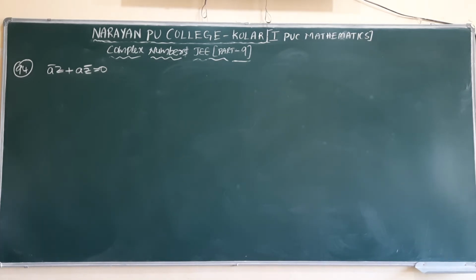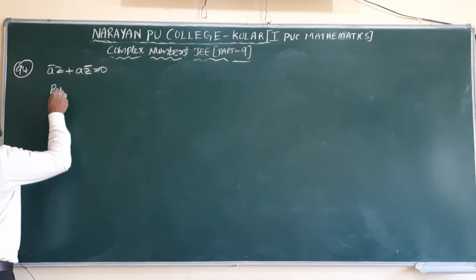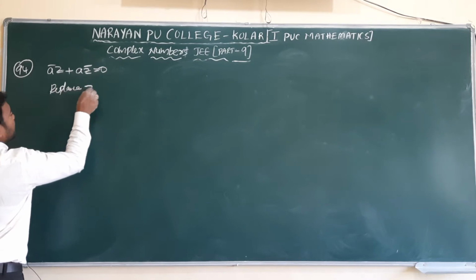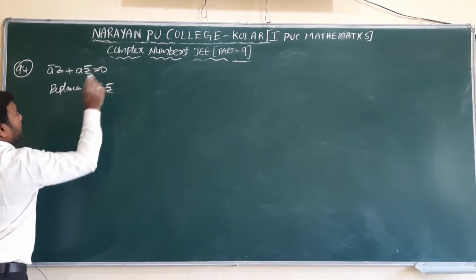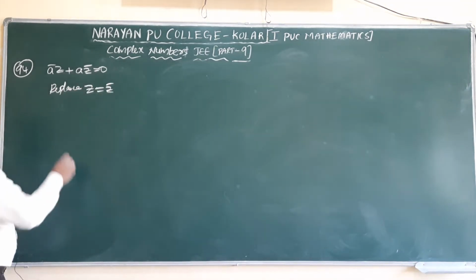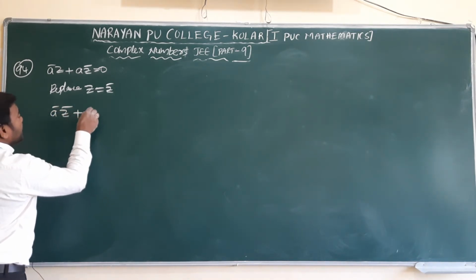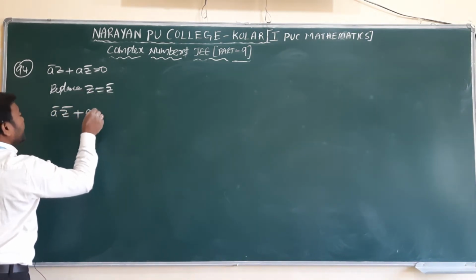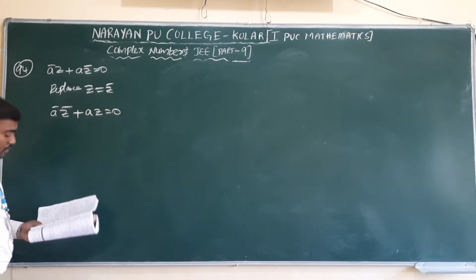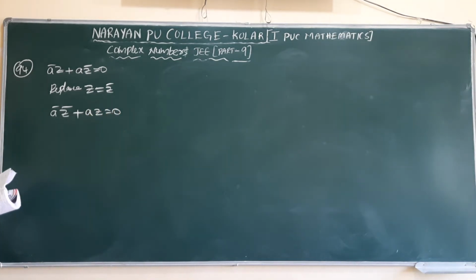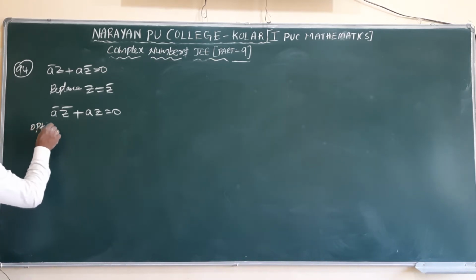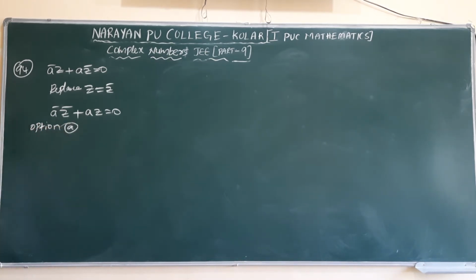So replace z by z bar. Here we get a bar z bar plus a (z bar) whole bar, which is z only, equal to 0. Here option A is the correct option.